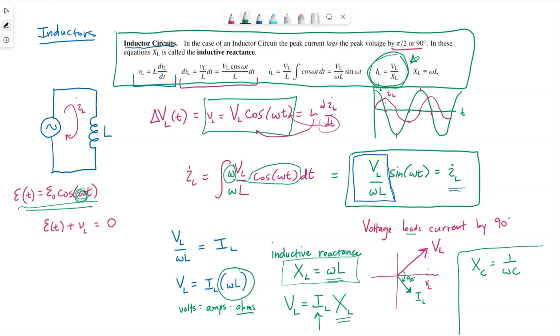What we're going to look at next is a series circuit that has all three, a resistor, an inductor, and a capacitor in series. And to determine how much current can flow, that will depend on the angular frequency as well as the values of XL and XC and R.